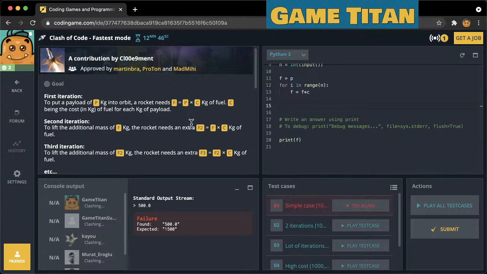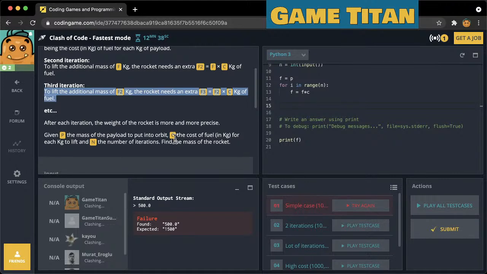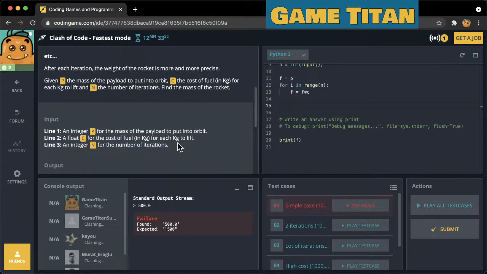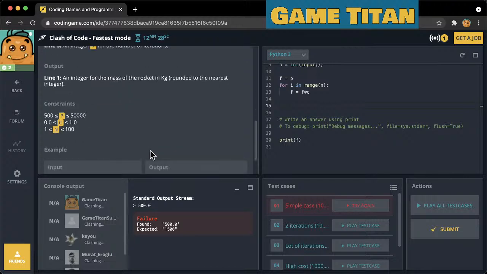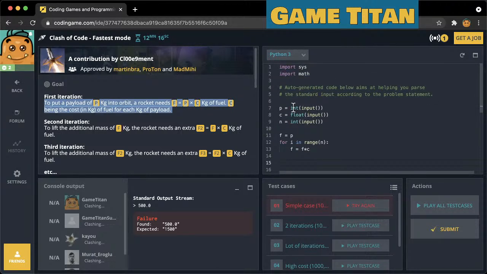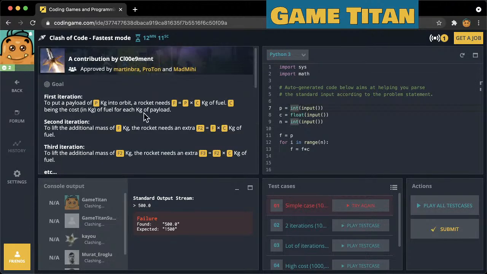So fuel. I really don't understand this question. So energy for the mass of the rocket. To put a payload of P into orbit, a rocket needs F equals P times C, C being the cost of fuel for each kilogram of payload. So we're given the payload, and we're given C.